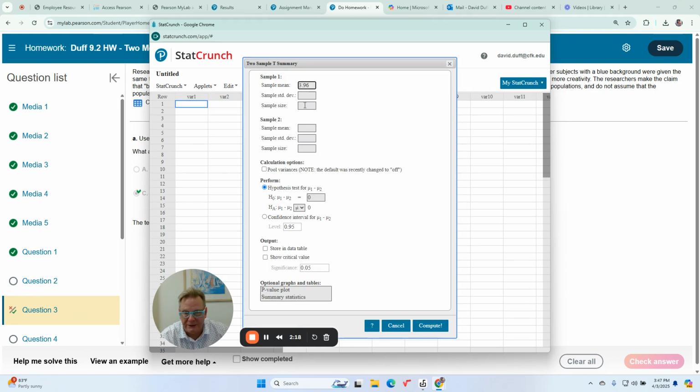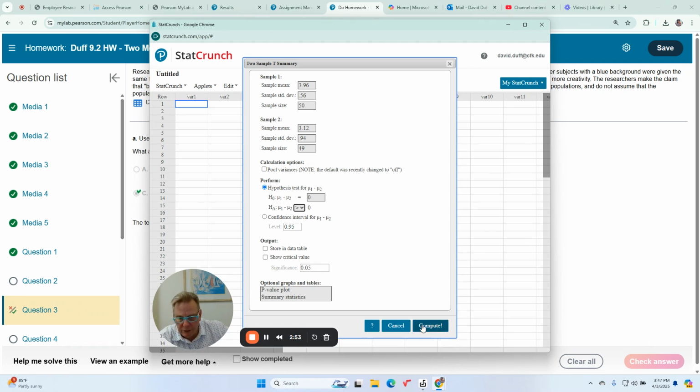I've got 3.96 for the mean, standard deviation, and then we have 50, and I have 3.12, 0.94, and 49. All right, and now we're going to do a hypothesis test, but we're actually looking at the hypothesis that it is greater than 0, or mu1 is greater than mu2, as another way to state this.